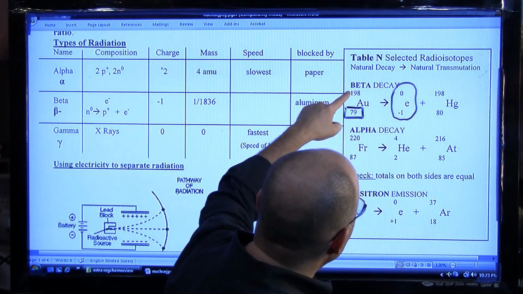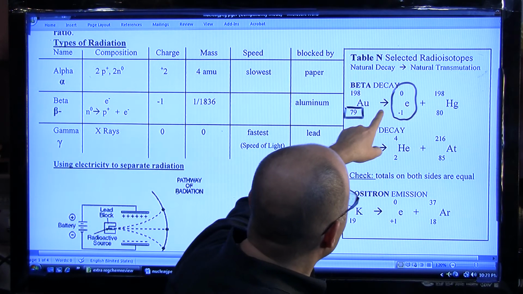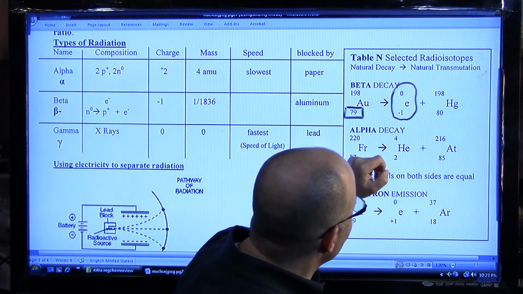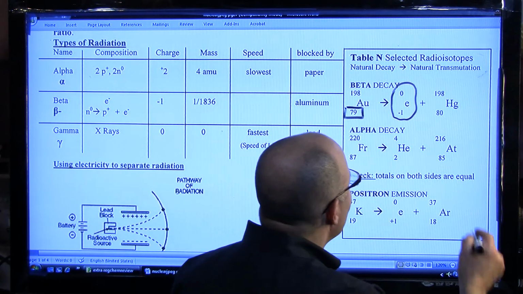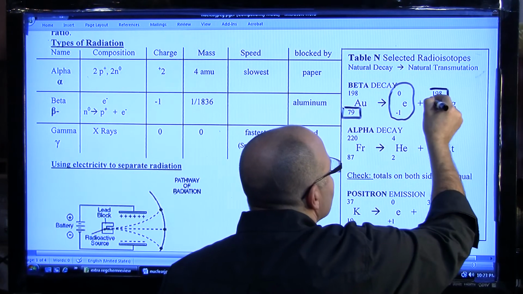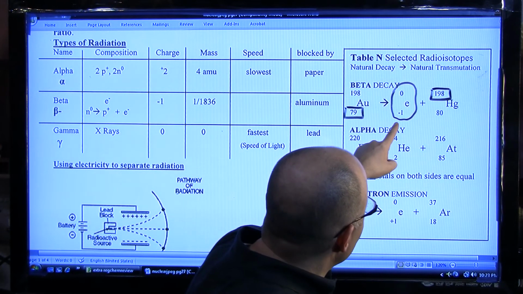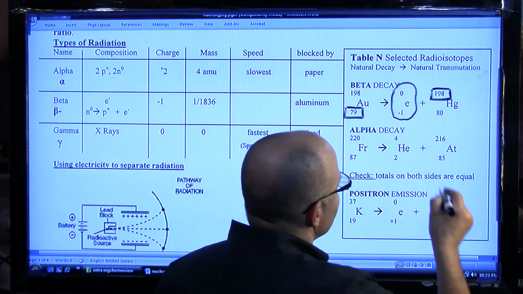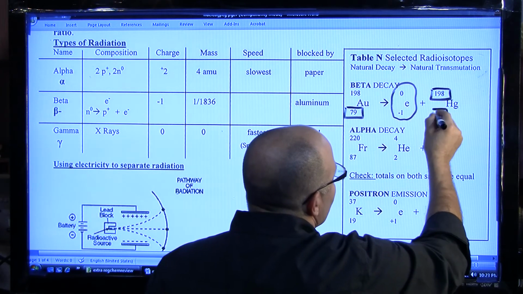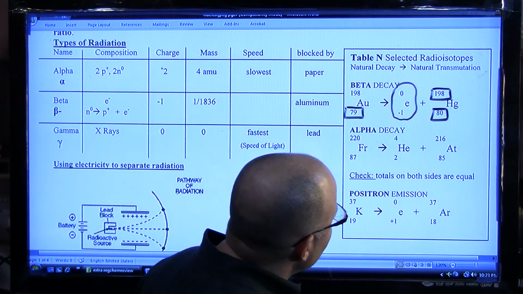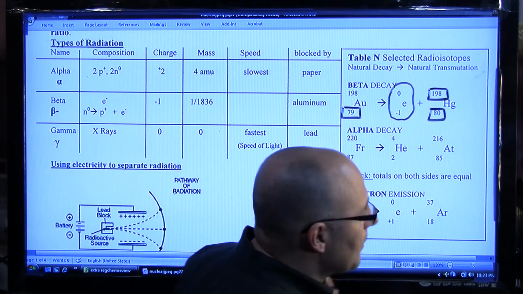It would be 198, treat the arrow as a negative sign. 198 minus 0 gives you 198. And 79 minus a -1, if you minus a negative it gives you a positive, gives you 80. If you look up 80 in the periodic table, you'll find out that that is Hg, mercury.